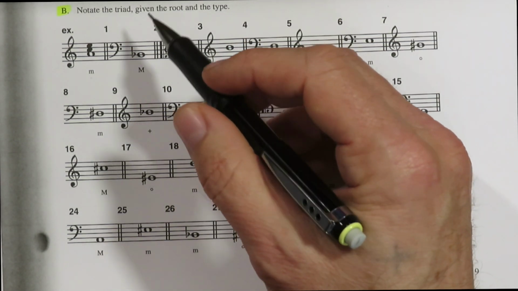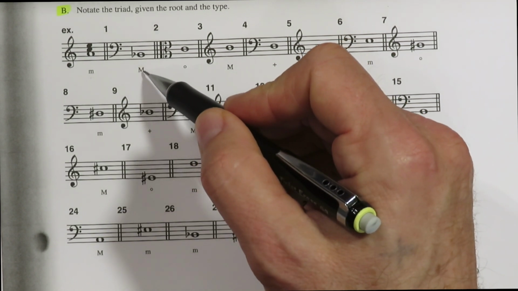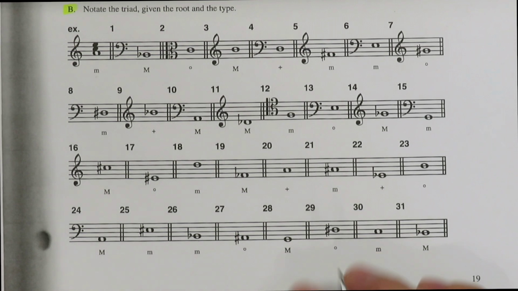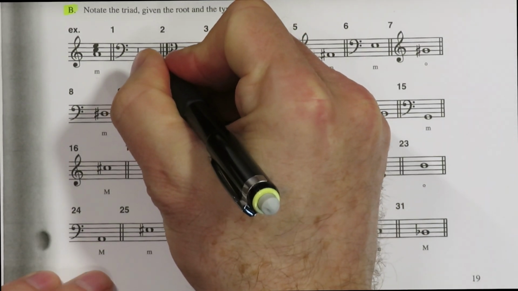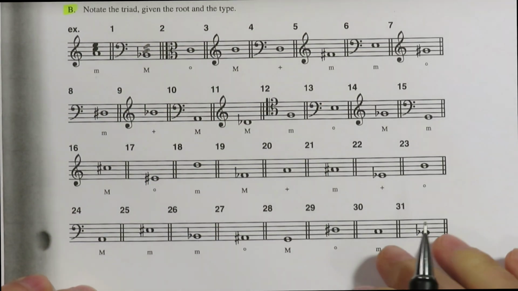So, number 1, we have B flat as the root, and we want a major triad. So, first let's build our snowman. And we got a D and an F.